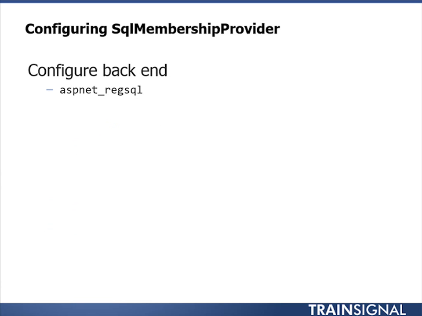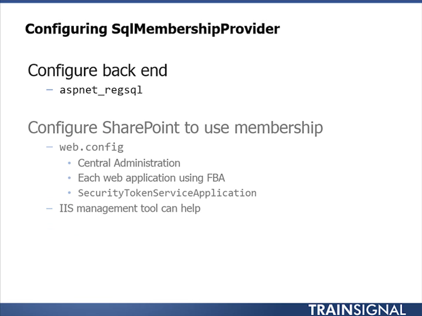Setting up SQL membership basically involves two steps. And these steps are going to be very similar regardless of the type of provider that we're using. Step one is going to be to configure the back end. Now, Microsoft gives us a tool called ASP.NET Red SQL that we can use to configure that back end. Step two is going to be to configure SharePoint to use membership.